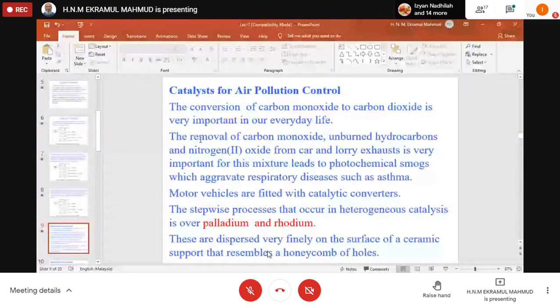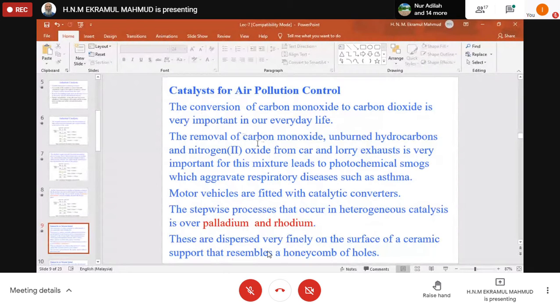So the removal of carbon monoxide and unburned hydrocarbons, that means remaining fuel that is not burned properly, and carbon monoxide is formed.